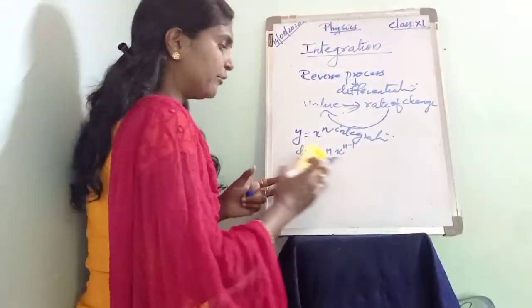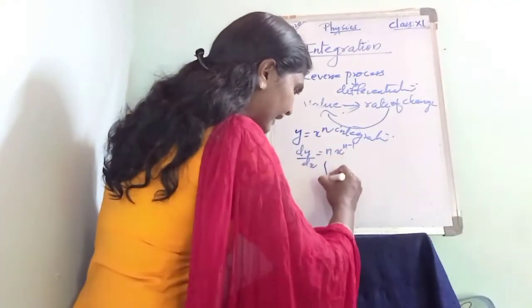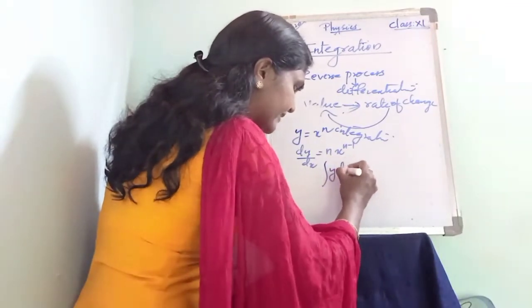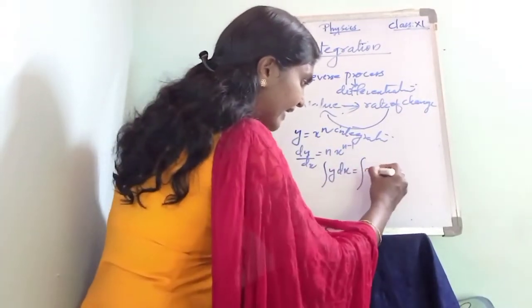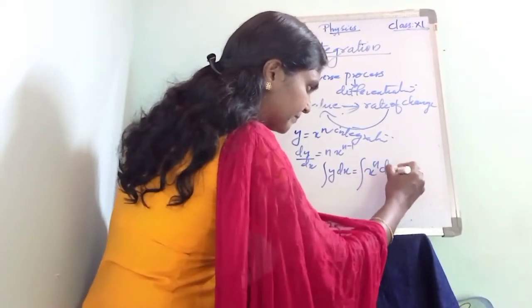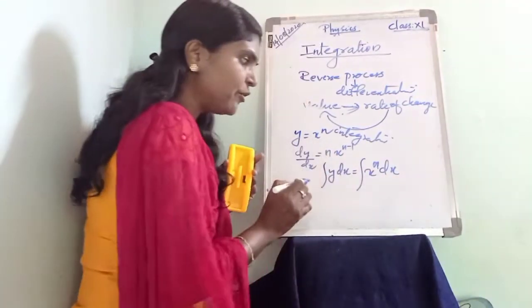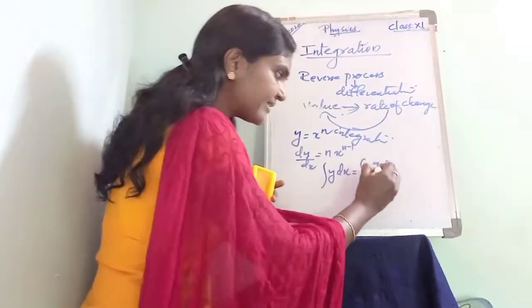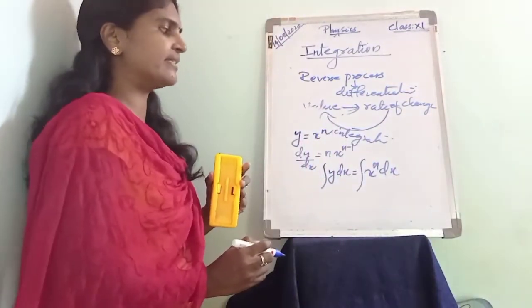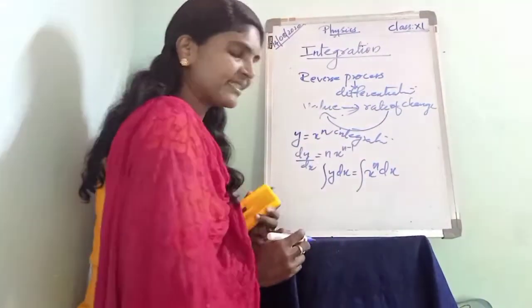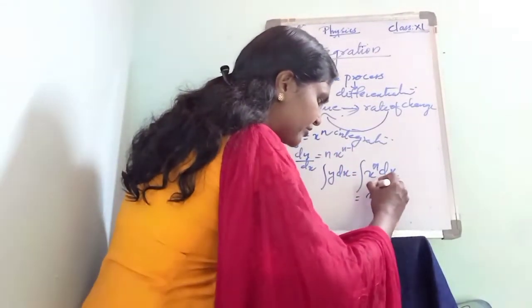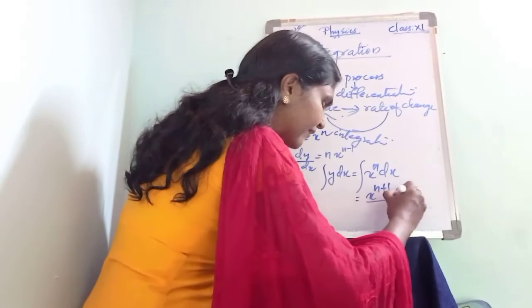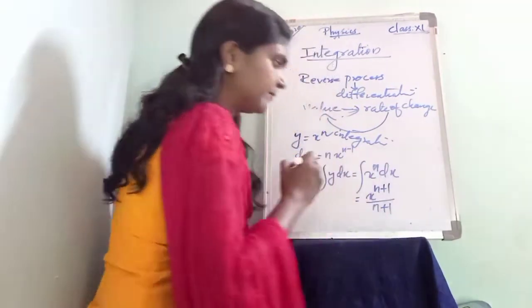For that, integral y dx equals integral x raised to n dx. What is the value of integral x raised to n dx? It is x raised to n plus 1 divided by n plus 1.